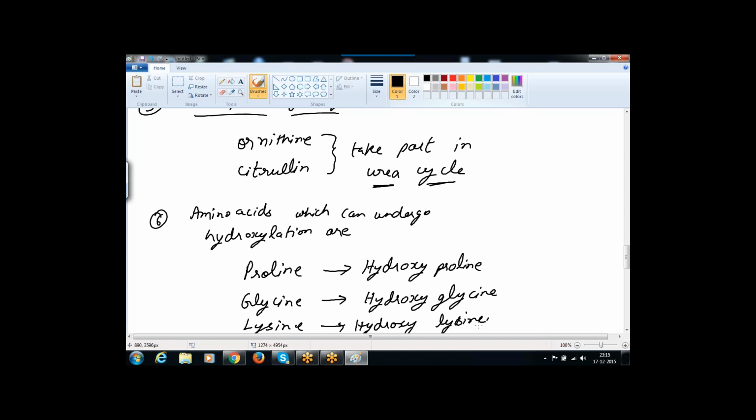As I told you, the acid group is negatively charged, the basic group is positively charged. An amino acid has both acid and basic group. So they have positive charge at one end and negative charge at the other end. But depending upon what kind of R group is there, in some amino acids, positive charge is dominant.